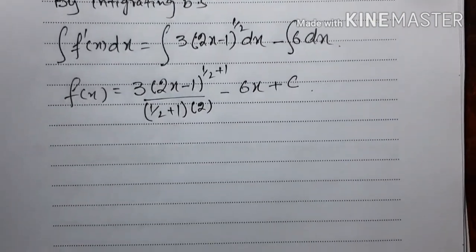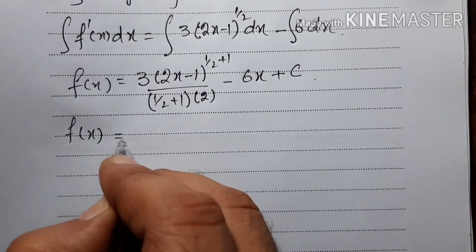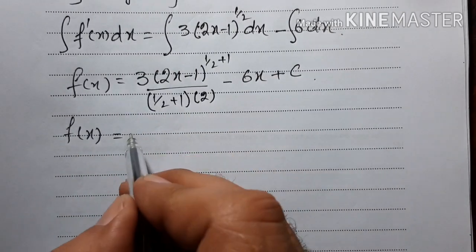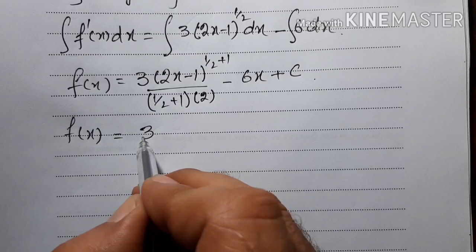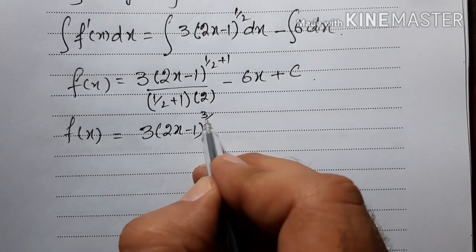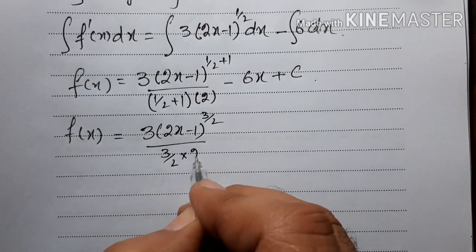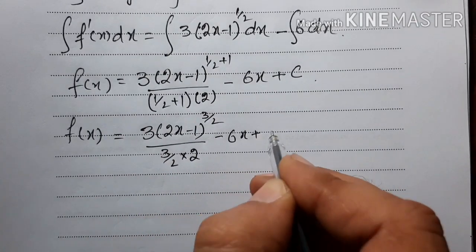This is the constant of integration. So fx can be written as 3 into 2x minus 1 power 3 by 2 over 3 by 2 into 2, minus 6x plus c.